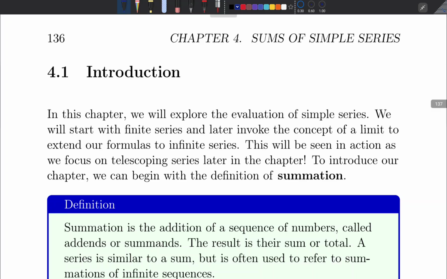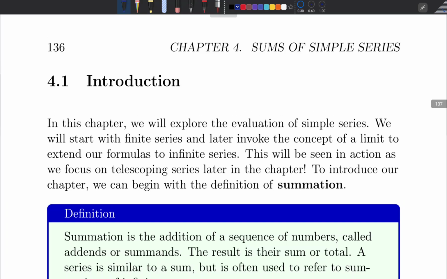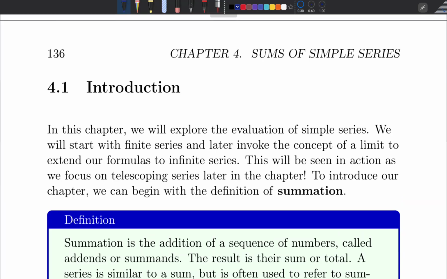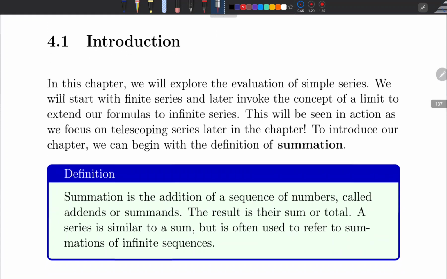It's not a difficult chapter because we are just going to introduce it, but for the next few chapters we would be learning sums. So let's get back to the chapter.